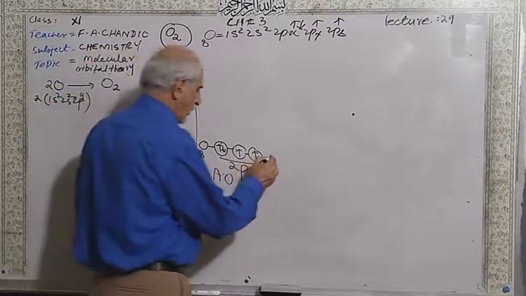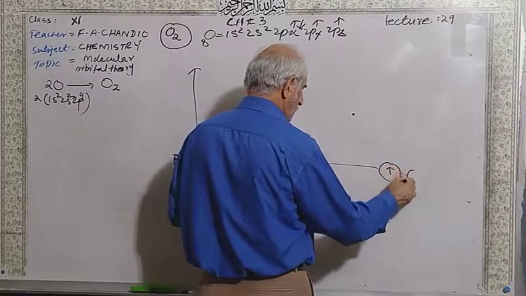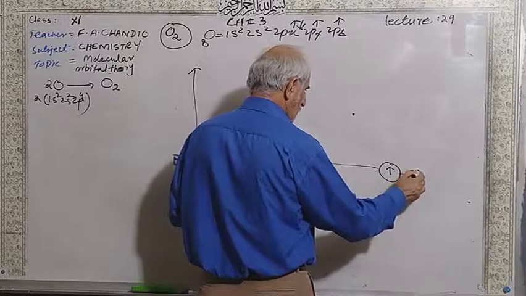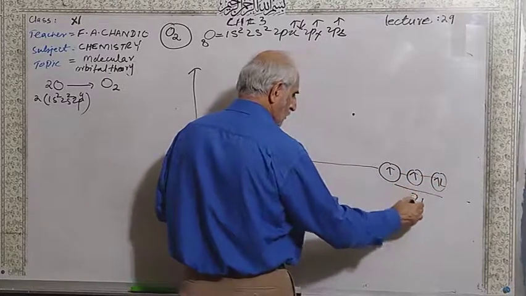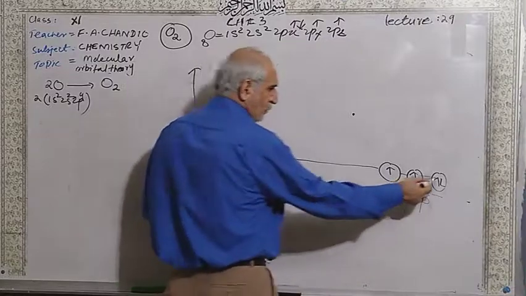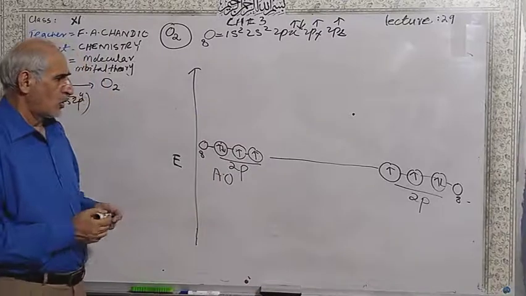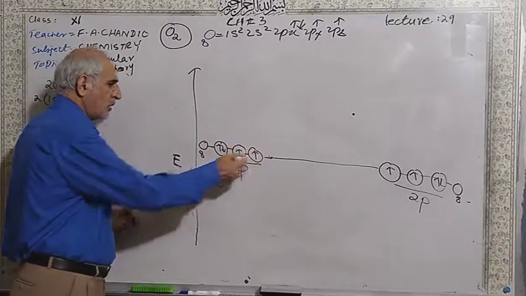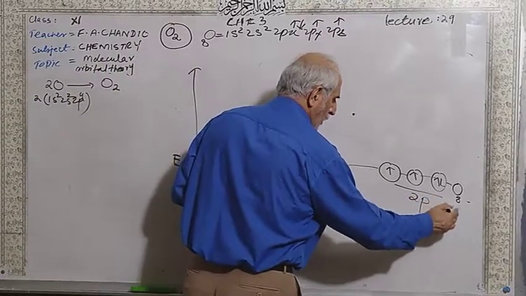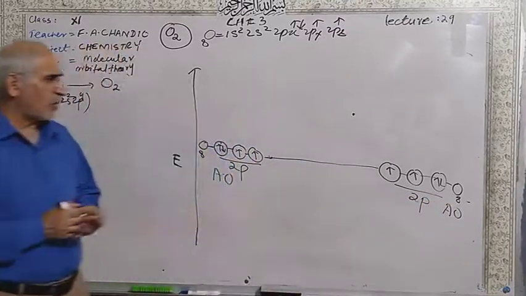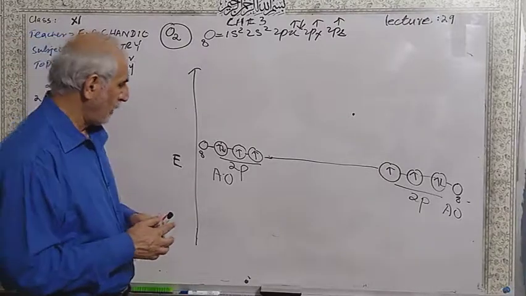Atomic orbital. Again 2p. Oxygen atomic number is 8. So there are 2 atomic orbitals mixed together to give 2 molecular orbitals, one is bonding and another is anti-bonding.